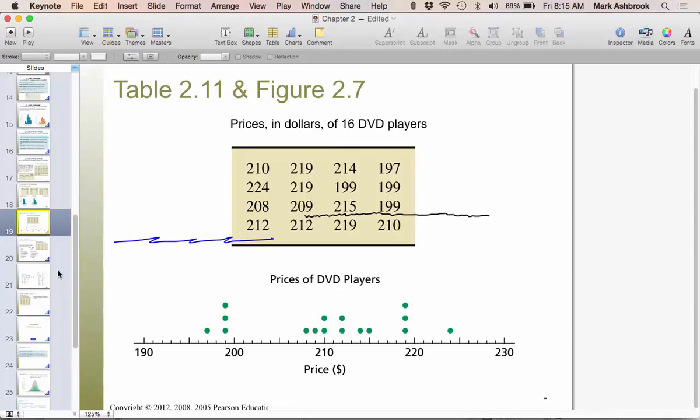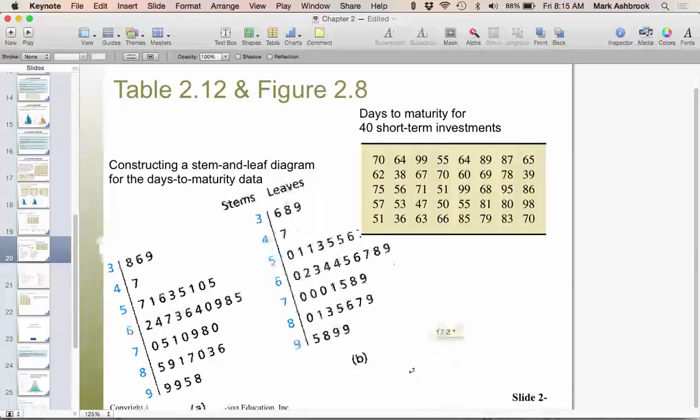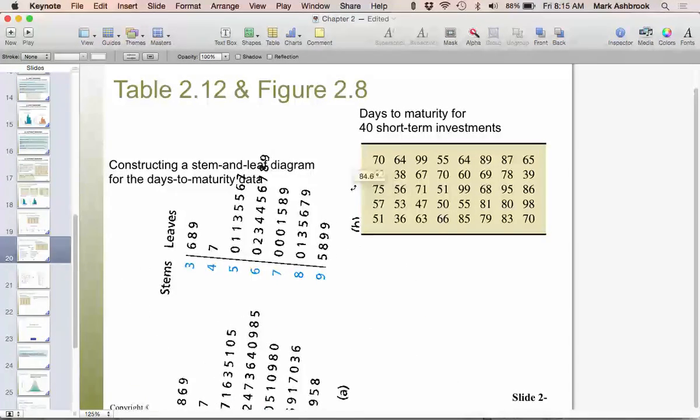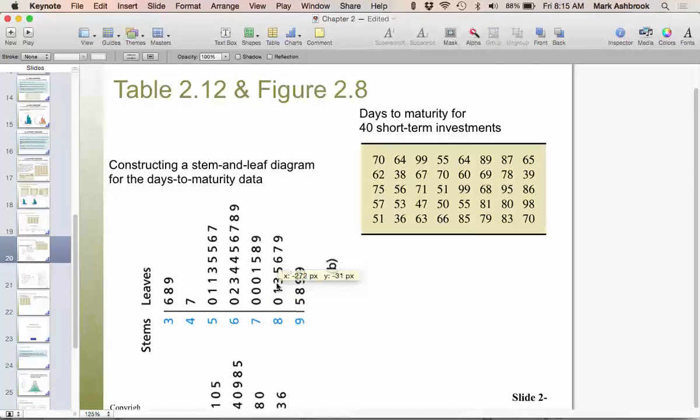So let's look at this. What about our stem and leaf plots? Right, so look, if I took a stem and leaf plot and turned it this way, do you see it's the same thing again?